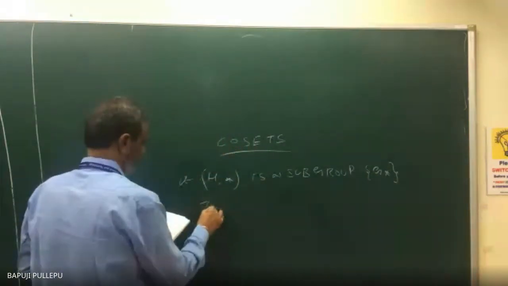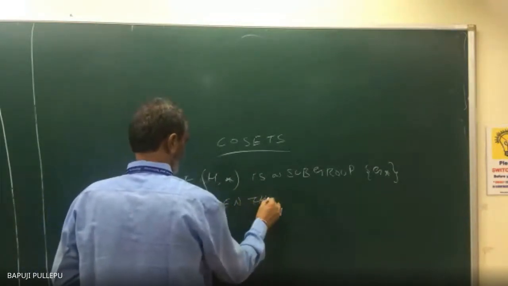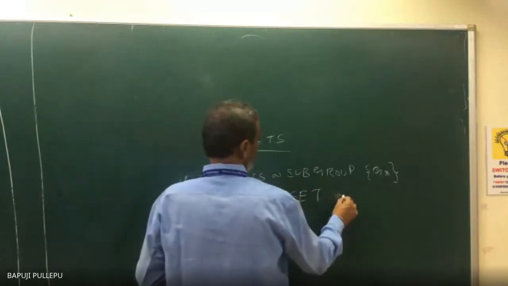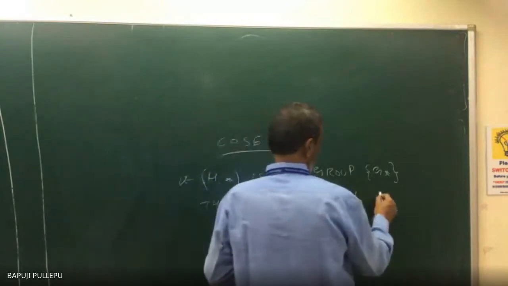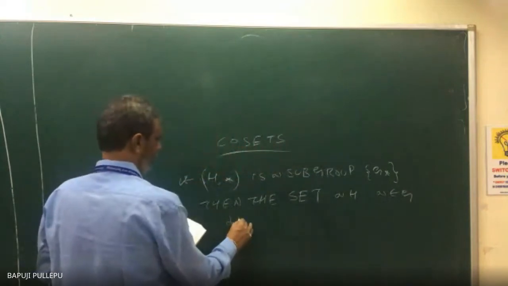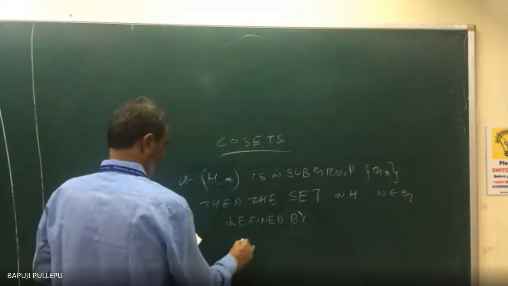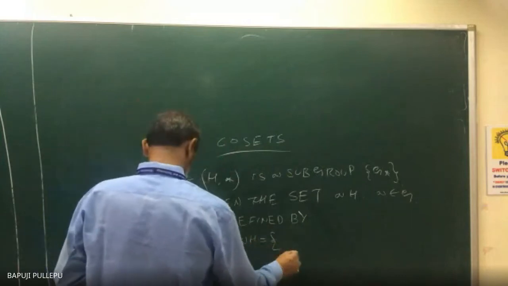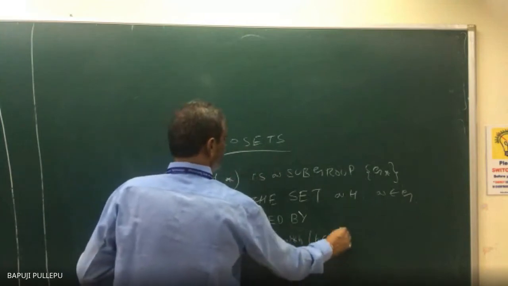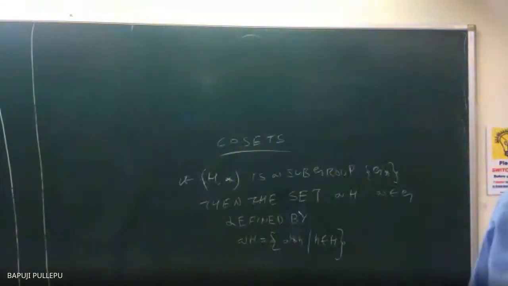Then for A belongs to G, A H is equal to A star h such that h belongs to H. This is called nothing but the left coset.